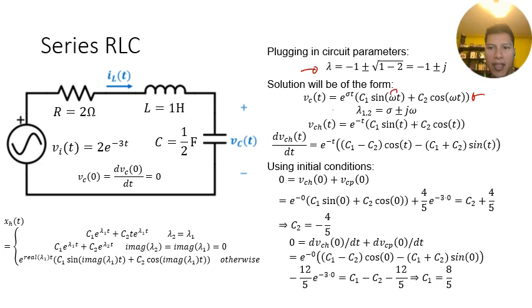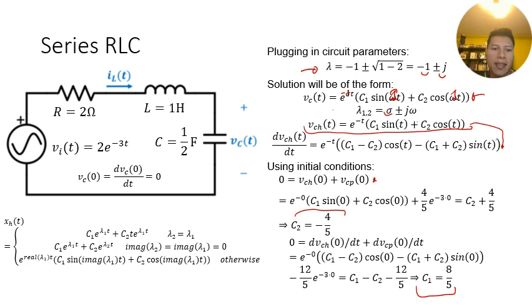In this particular case, the imaginary part of our root is just 1, so this is just a 1, and this is just a 1. And the real part is just -1, so this becomes -1. So that's how we get here. Then we took the derivative to get this equation here. And finally, when we applied the boundary conditions, we got that C2 was -4/5, and that C1 was 8 over 5.